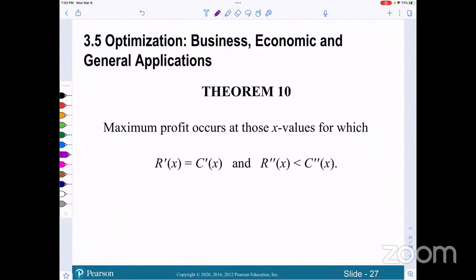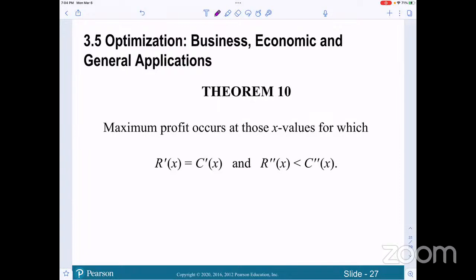So then we have this theorem 10. Maximum profit occurs at those x values for which profit, right? R prime is equal to C prime, and R double prime is less than C double prime. Let me see, max profit. So if you have your revenue function, revenue versus cost, the rate of change of your revenue is equal to the rate of change of your cost.